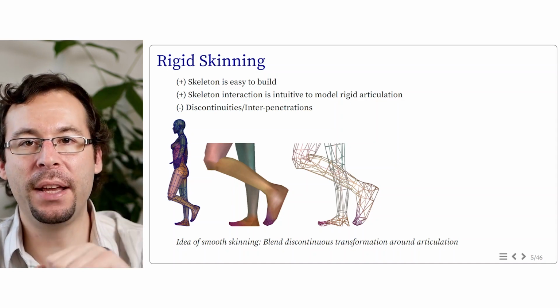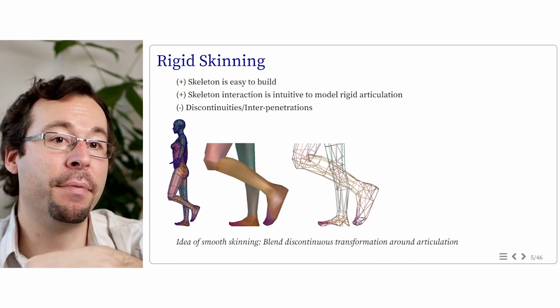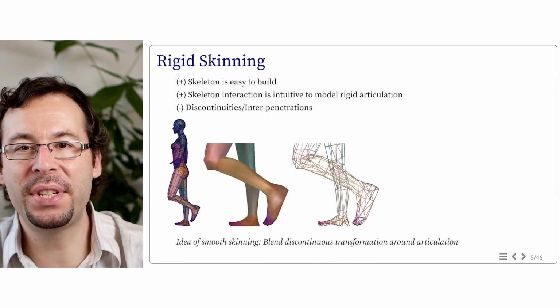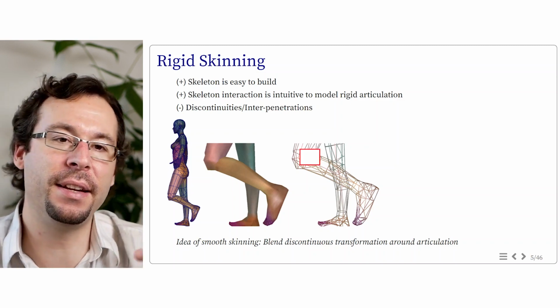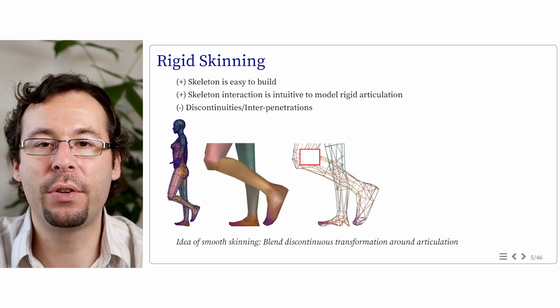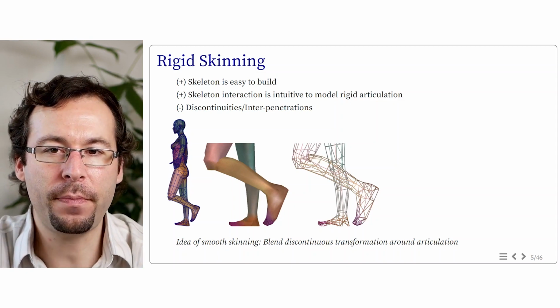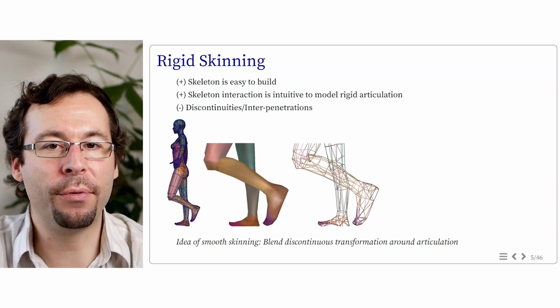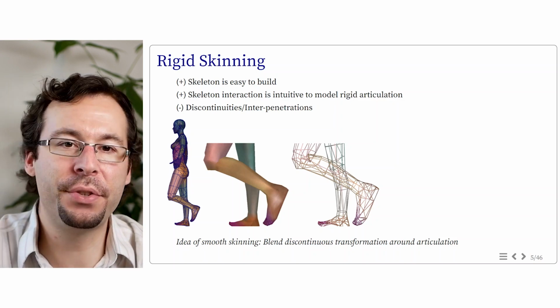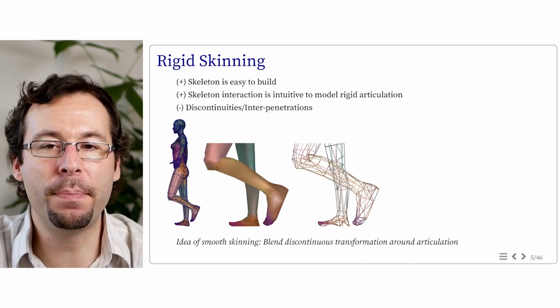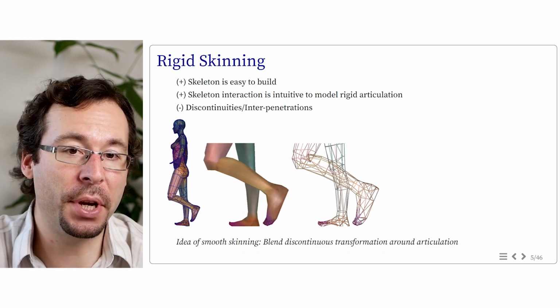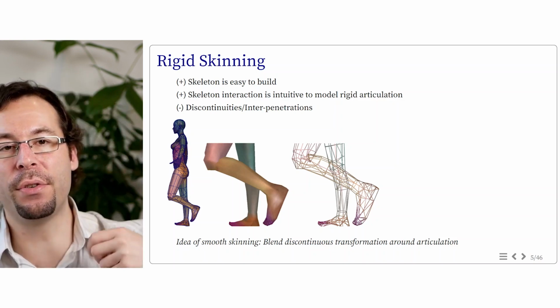There is a sharp angle of the deformation at every articulation, which leads to self-penetration of the surface and large elongation. So how could we solve this issue? This is the idea of smooth skinning, and the idea is to blend the multiple and discontinuous transformations around an articulation into a single one.